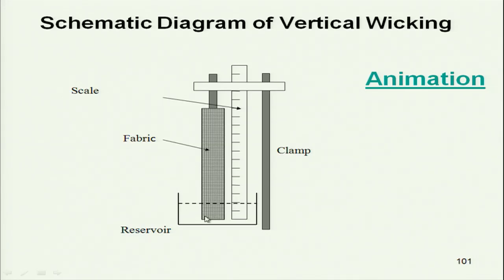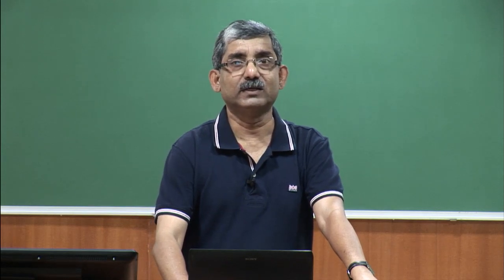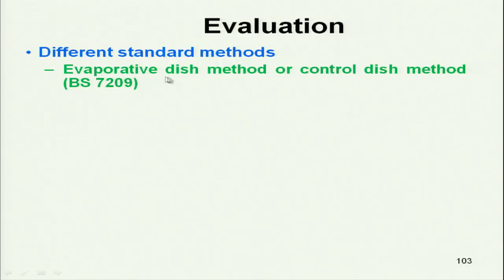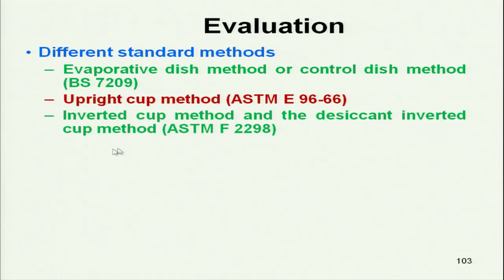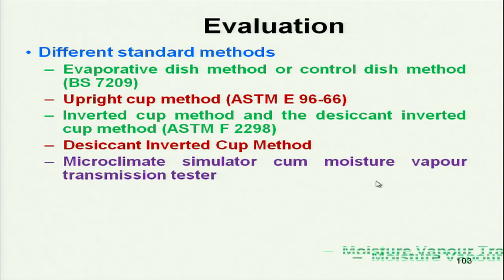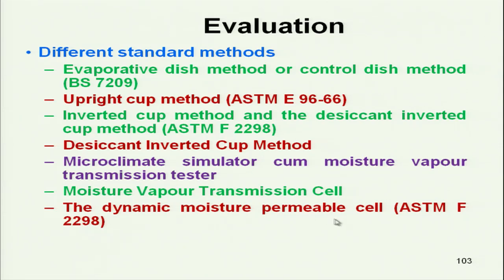Similarly, for vertical wicking, we can measure the height of water with time. The moisture vapor transmission we can measure by different methods: the evaporative disk method, upright cup method, inverted cup method, desiccant inverted cup method, microclimate simulator, moisture vapor transmission cell, and dynamic moisture permeable cell.